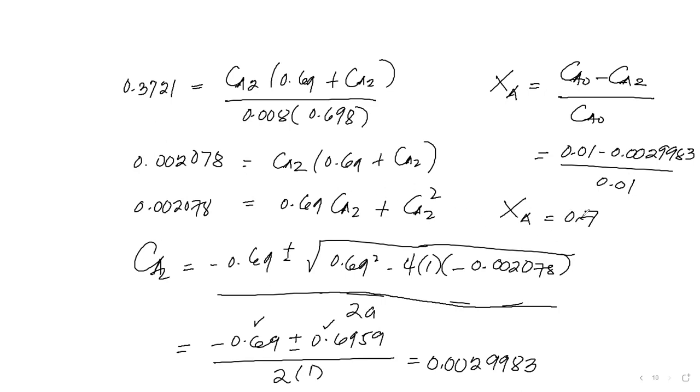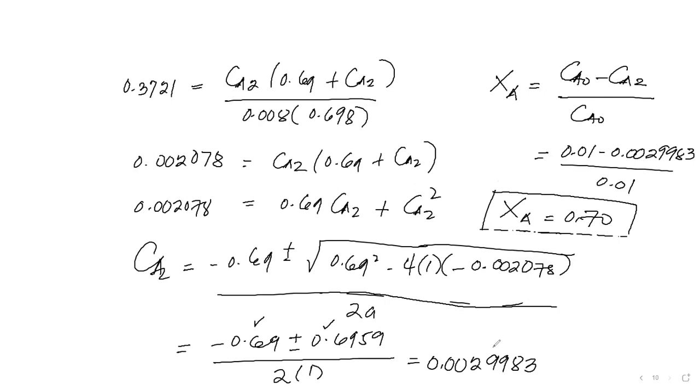So our degree of conversion is 70 percent. That's just one of the requirements, because we still need to find the C sub R leaving the PFR.